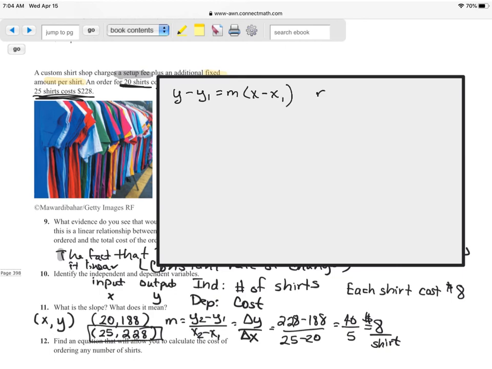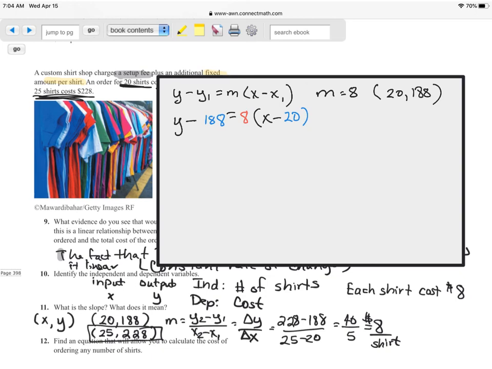And I'm still going to use our slope of 8, and I will use the same point, 20, 188. So we have y minus the y of our point equals the slope times x minus the x coordinate of our point.